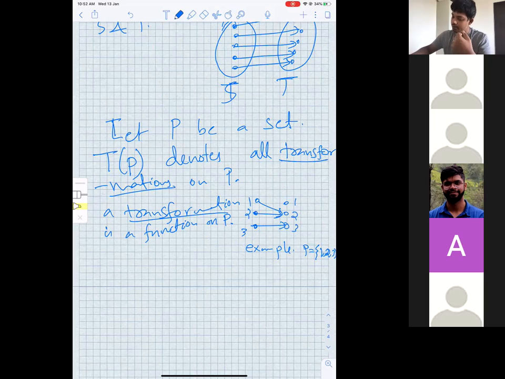Now, if I have two transformations, let's say this is alpha, and this is another transformation which is beta. Okay, then I can take the composition, I define a product of two transformations.